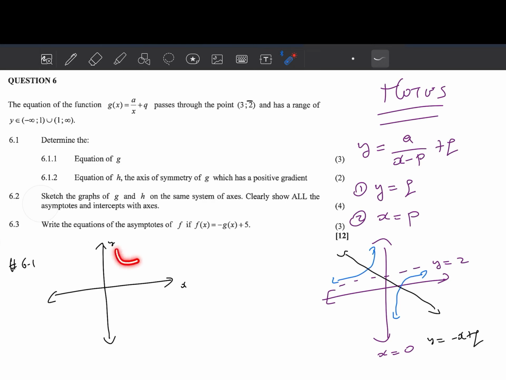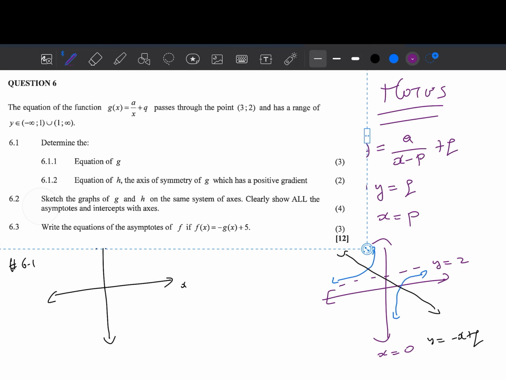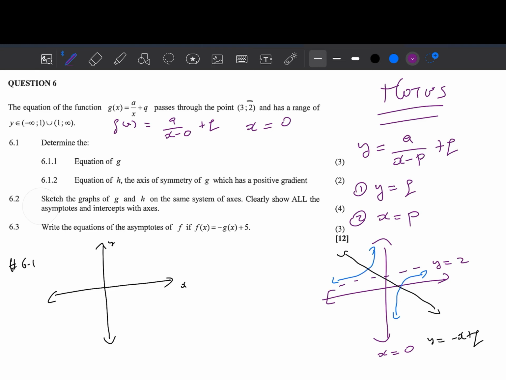So we're going to have a situation like this, but we need to figure out our y asymptote and x asymptote. You can already see that g of x is equal to a over x minus 0 plus q, right? x is the same thing as x minus 0. So our vertical asymptote in this case is x is equal to 0, because our p is 0.